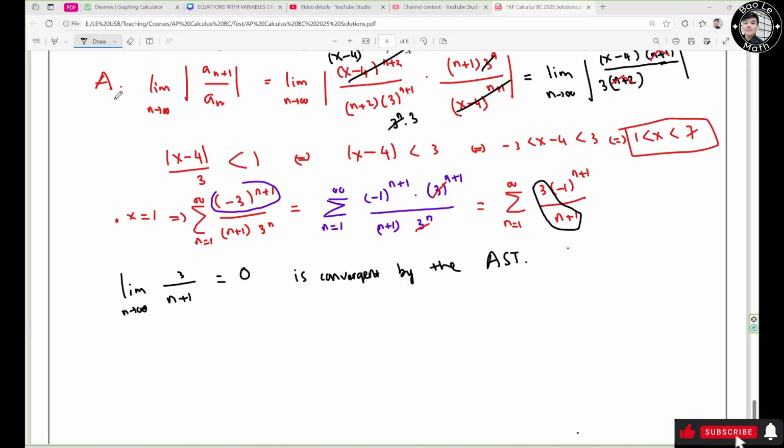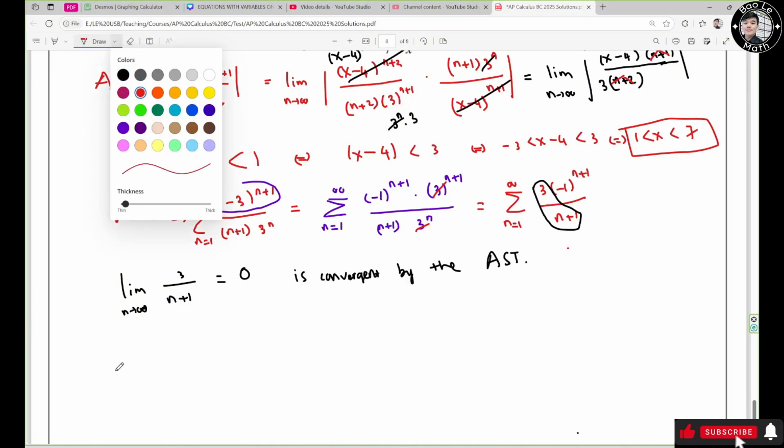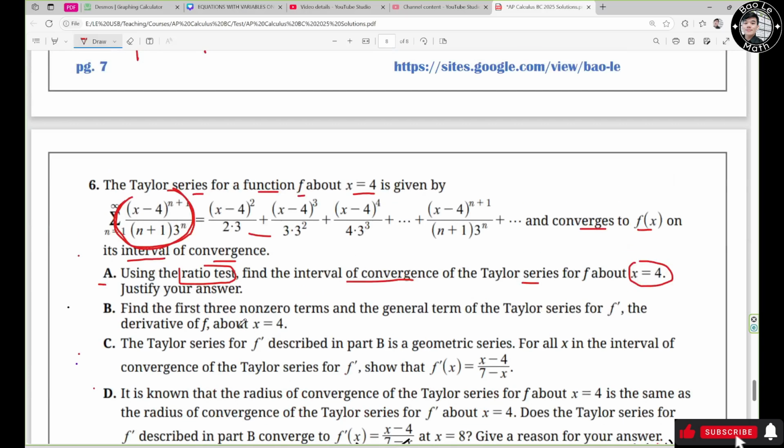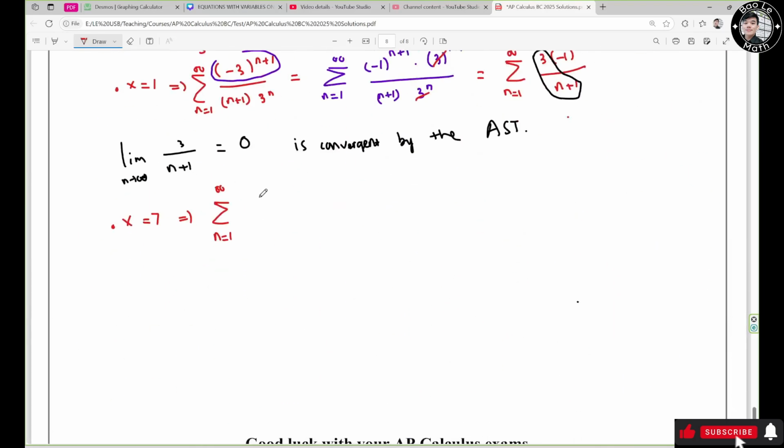Now we're going to check for s equals 7. So we have the summation when n goes from 1 to infinity. 7 subtract 4 is going to be 3, so we have 3 raised to the n plus 1 over (n plus 1) times 3 raised to the n.